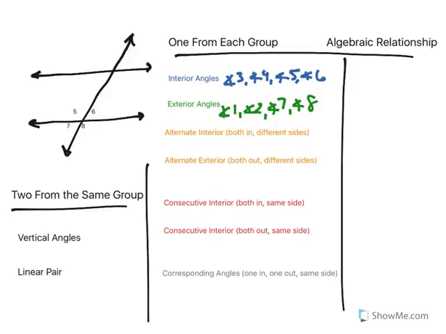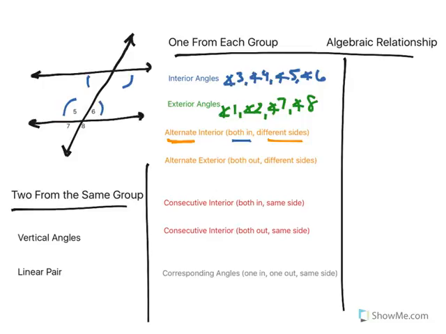If we have two alternate angles and they're both inside of the parallel lines, such as this pair or this pair, we can classify them as alternate interior angles because they're both in the parallel lines, but they're on different sides of the transversal. Think about that. Alternate means you're on the other side.